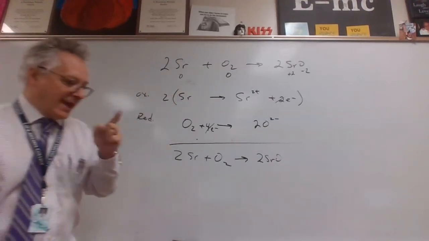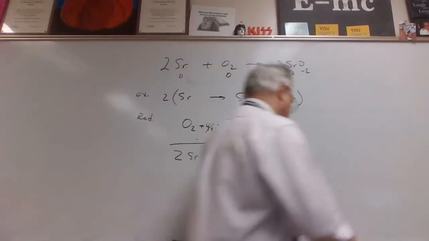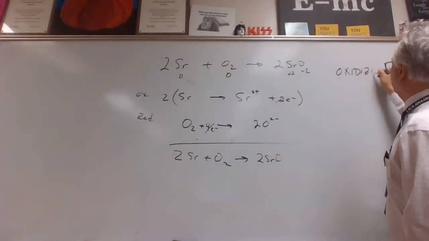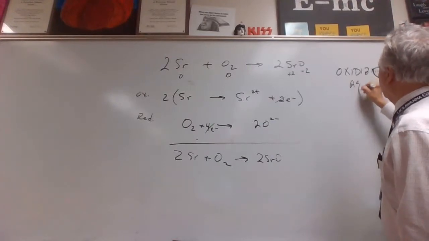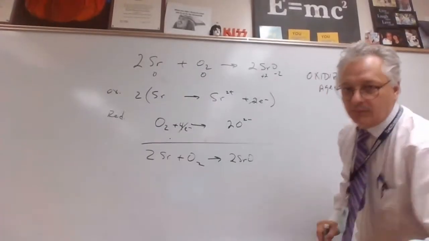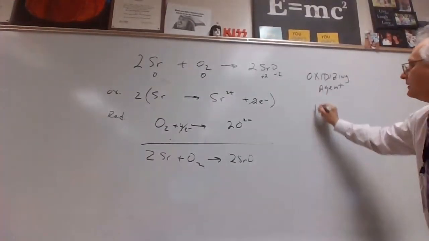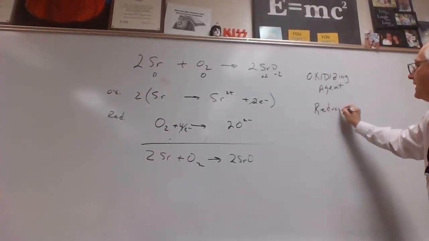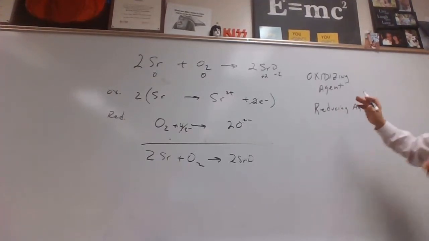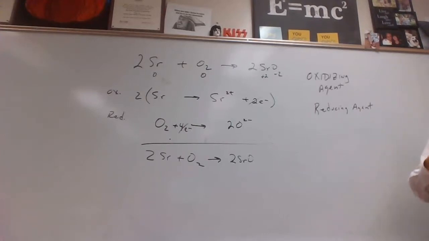Okay, now I'm going to give you some vocabulary. Oxidizing agent, move my head out of the way, and reducing agent. Now for some reason, this causes people some confusion.